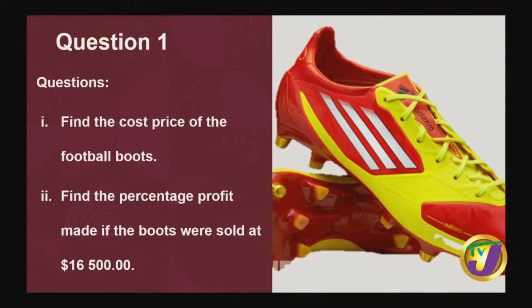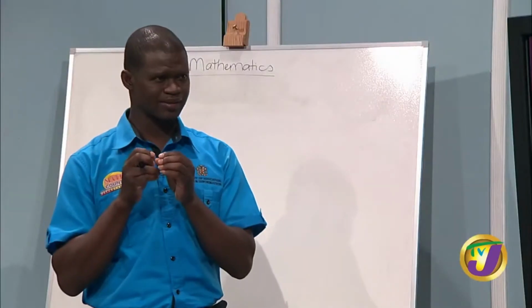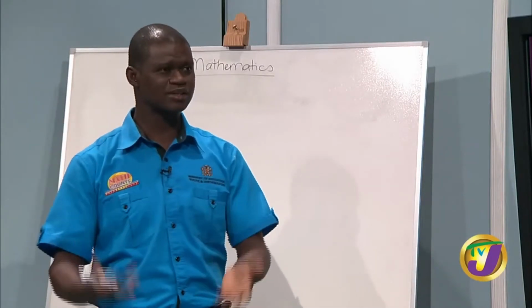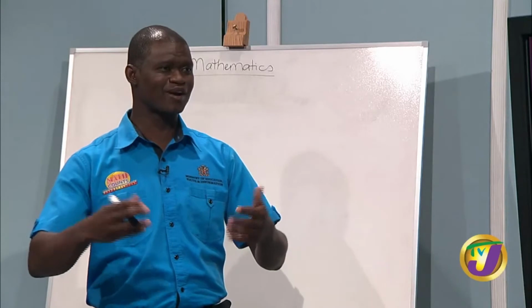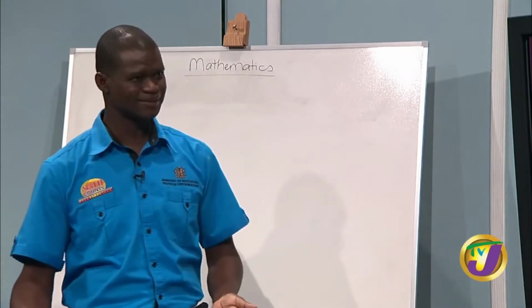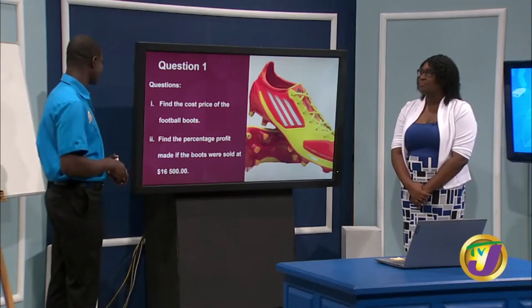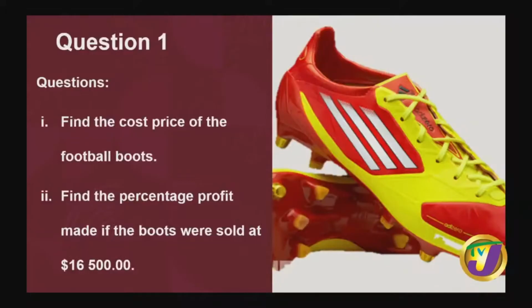As we have been explaining in previous lessons, your cost price would be 100%. If your selling price includes a 20% profit, it means that I've actually gone to 120%. Okay. All right. So let us see how we'll solve the first part of this question.